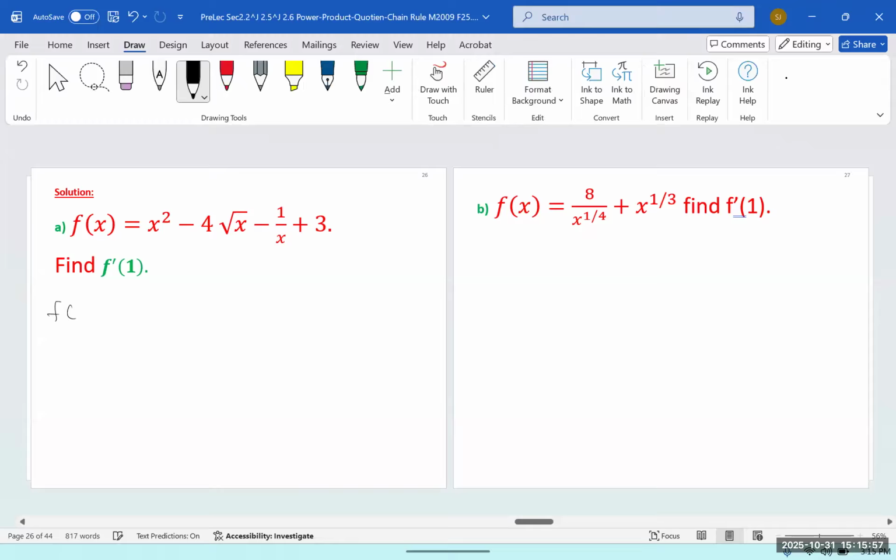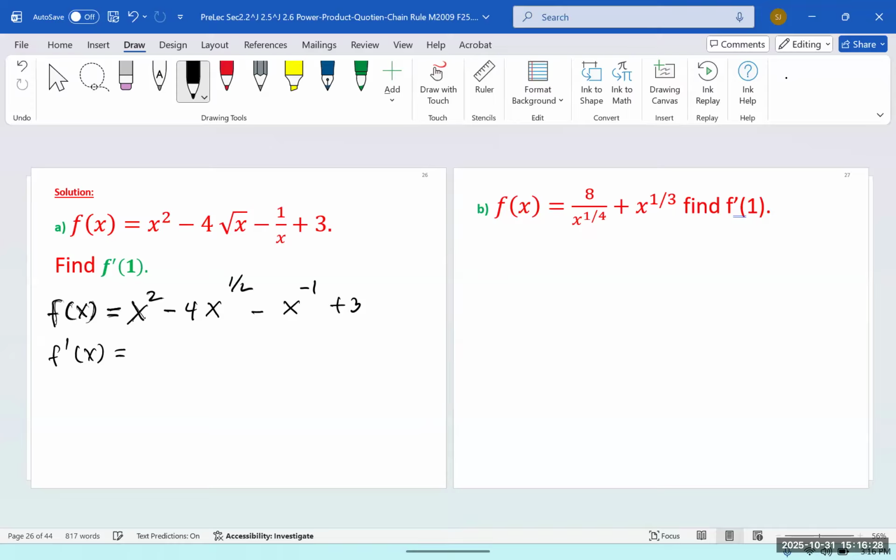It's not 5, we got 5. f of x is x squared minus 4 times x to the 1/2 minus x to the -1 plus 3. So step 1, rewrite all these radicals and denominators with exponents. Once you have your exponents, that means you can find the derivative.